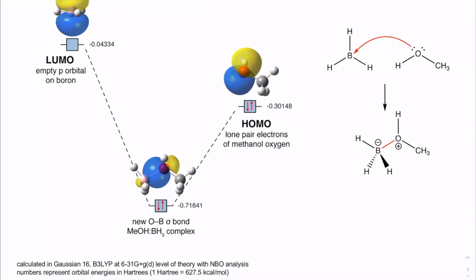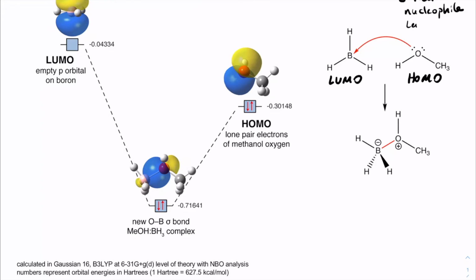For electron-rich molecules, we're going to be looking for what the HOMO is. For electron-poor molecules, we're going to be looking for what the LUMO is. Just a few terms that might be useful to you: an electron-rich molecule we're often going to call a nucleophile, because it's got electrons that it wants to share with a nucleus of some kind.